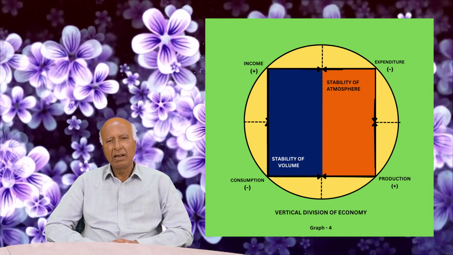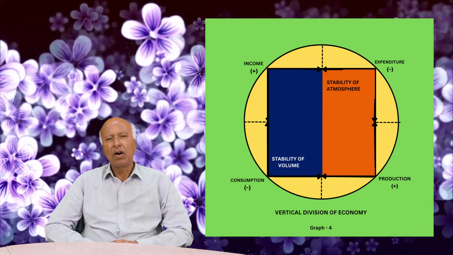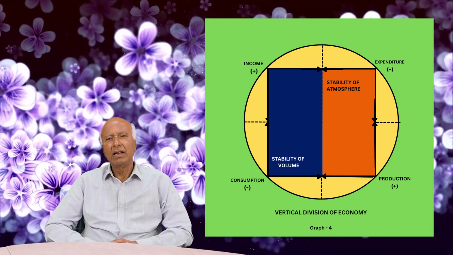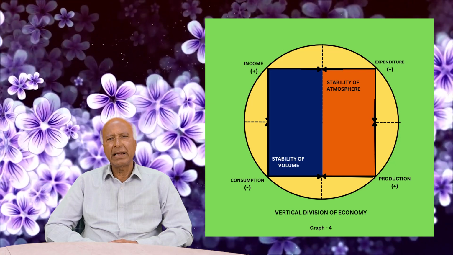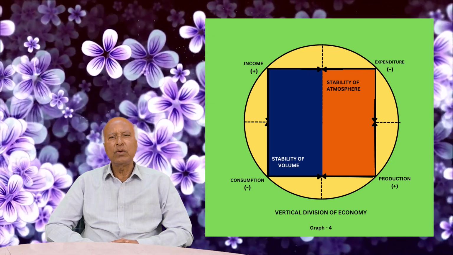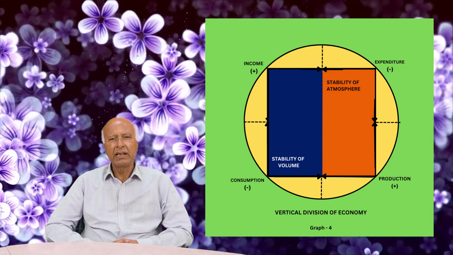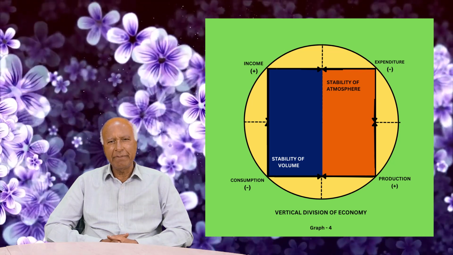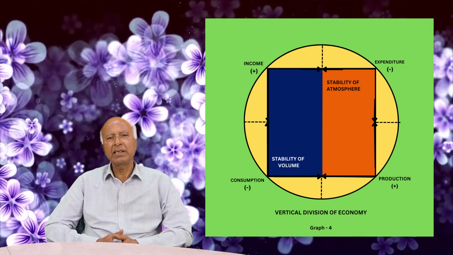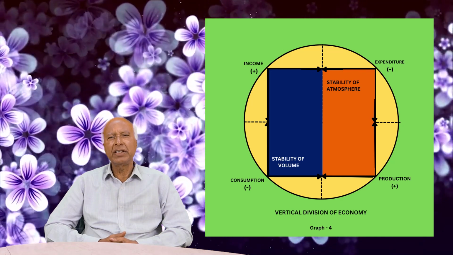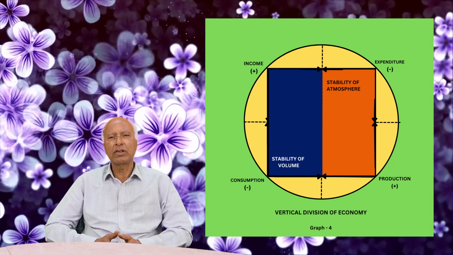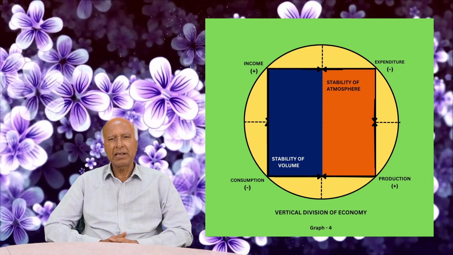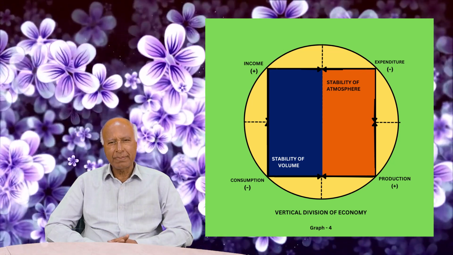Graph 4 of the book Shape of Economy will give you a further insight into this graph. Now the graph remains the same. We are just giving the explanation of the geometrical pattern emerging because of that.